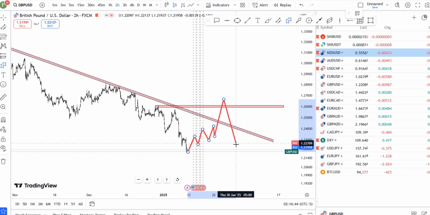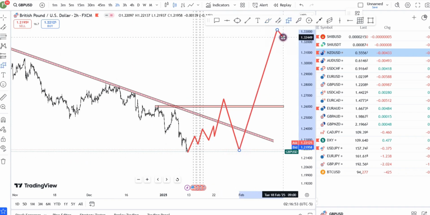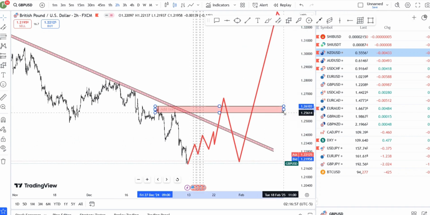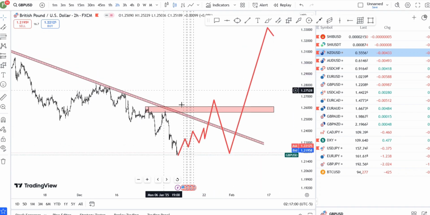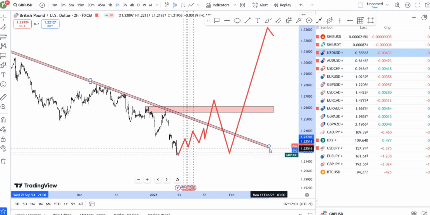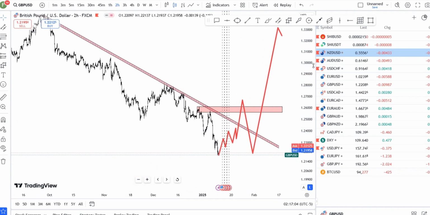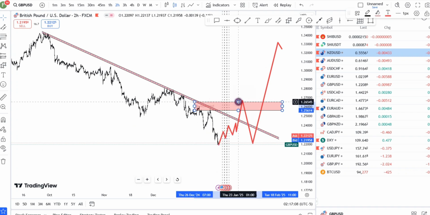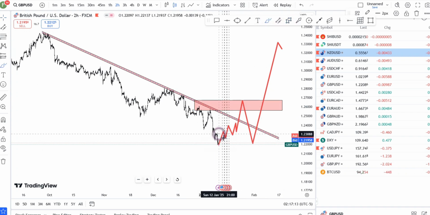The alternative setup, the buy zone: if the price breaks the supply and closes above the supply zone, it means the price is showing some strength again. The pound is showing strength against the dollar, and the buyer is dominant over the seller, so I have to look for a buy opportunity.